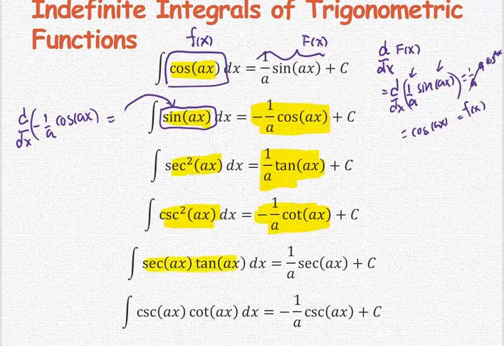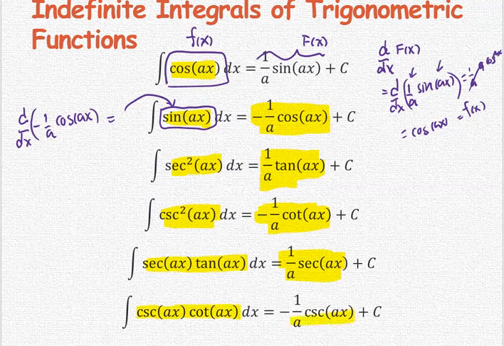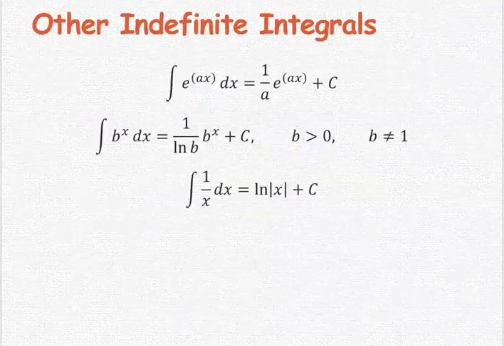The integral of secant ax times tangent ax with respect to x is 1 over a multiplied by secant ax plus c. And the last one, the integral of cosecant ax multiplied by cotangent ax with respect to x is negative 1 over a multiplied by cosecant ax plus c.